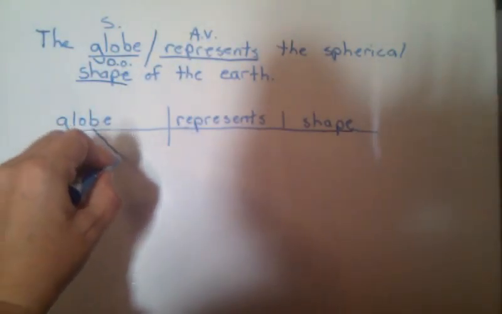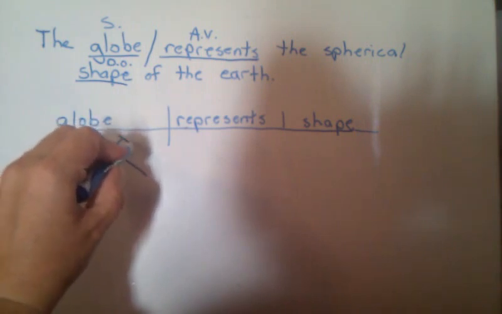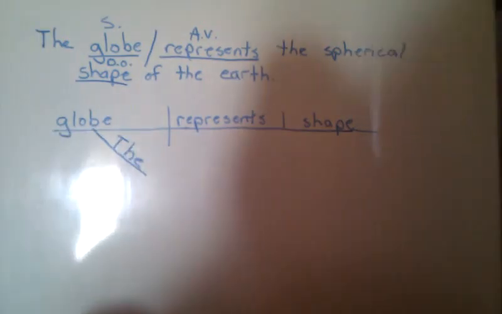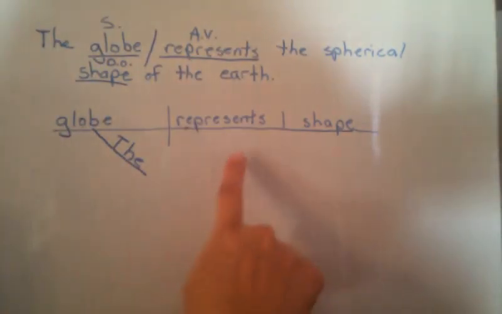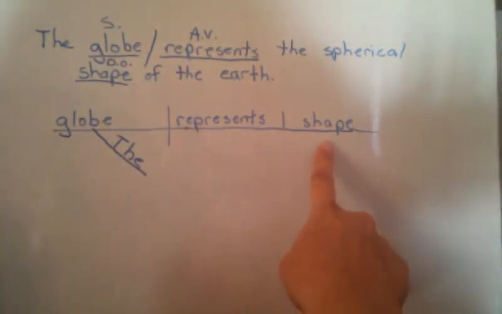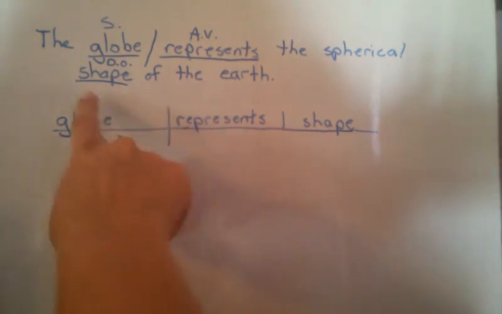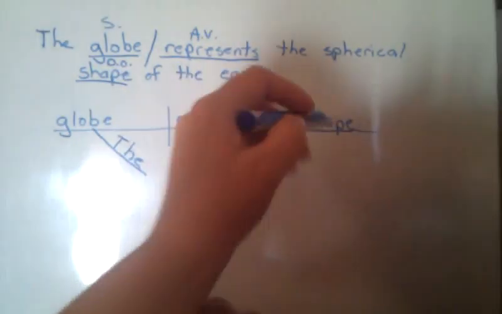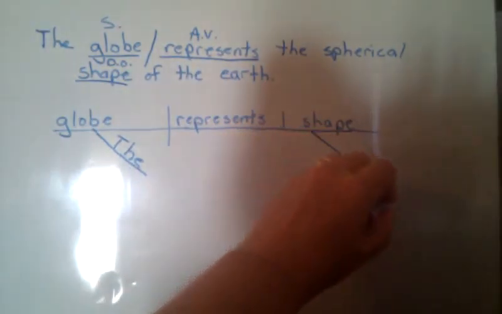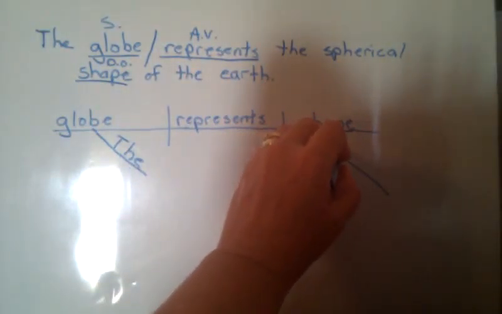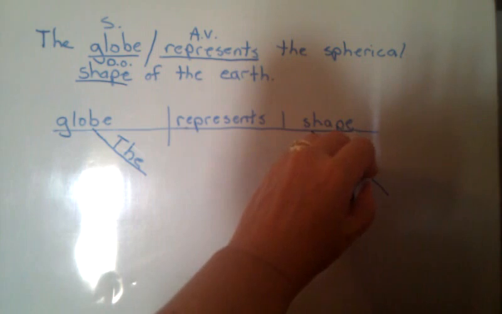So the is going to go down here. It's capitalized, so it has to be capitalized on my diagram. Is there anything talking about represents? No, there's not. What about shape? Does anything describe shape? Well, spherical. How is it shaped? Spherical. So spherical is going to go right here.